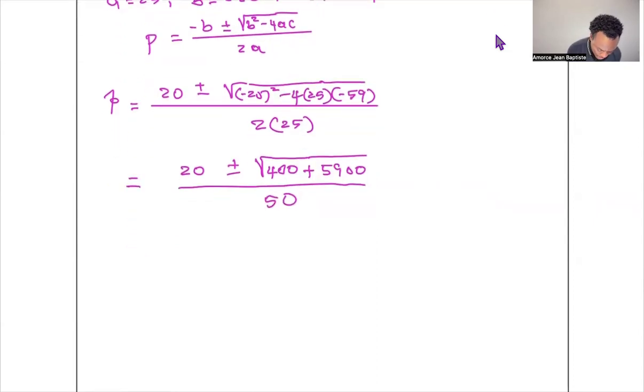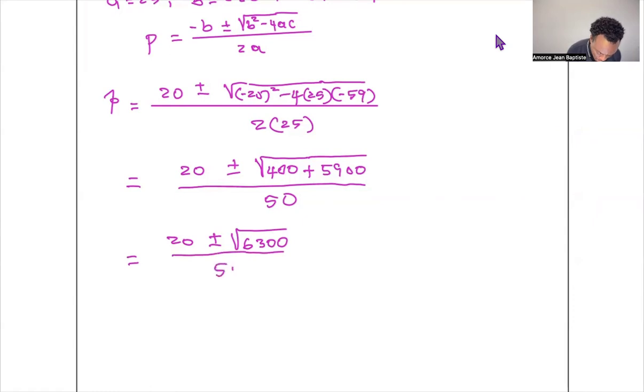We continue with the simplification. 20 plus or minus the square root of 400 plus 5,900, which will be 6,300, right? Over 50.